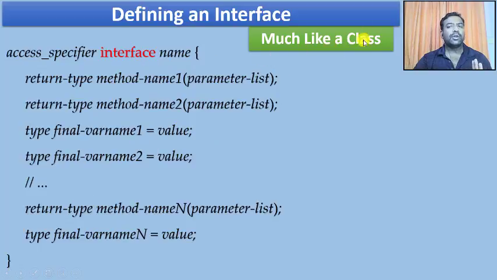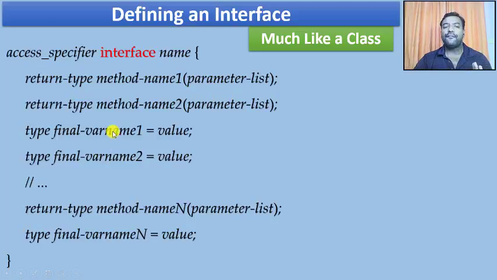If I talk about a class, I'm going to have a method, and the method should have a body. Either you define the body of a method inside the class, or you define it outside the class using the scope resolution operator. But if it is an interface, you are not going to define any body for this.